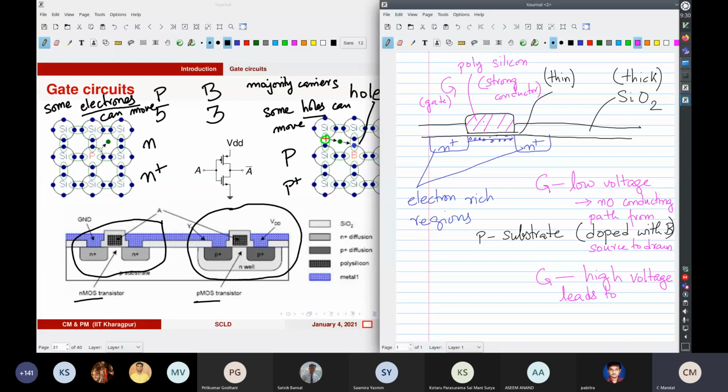When you put the gate at a high voltage, you have a strong electric field which attracts the electrons, so it leads to formation of a channel between source and drain.